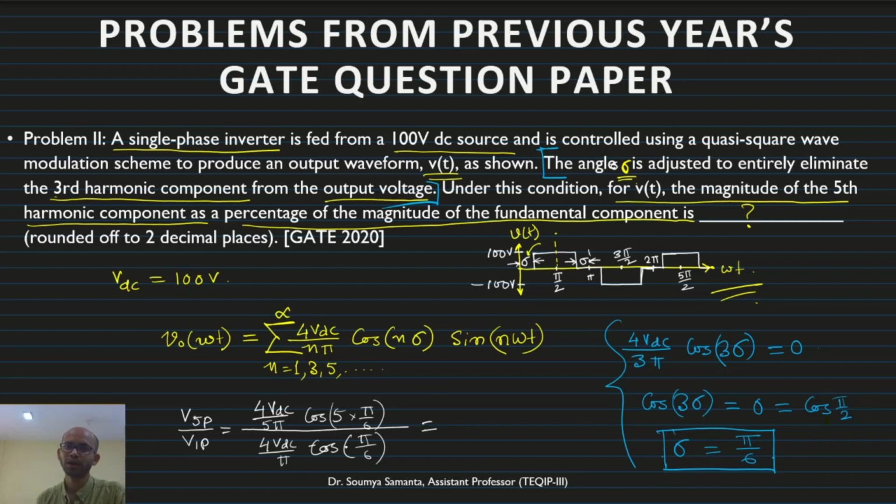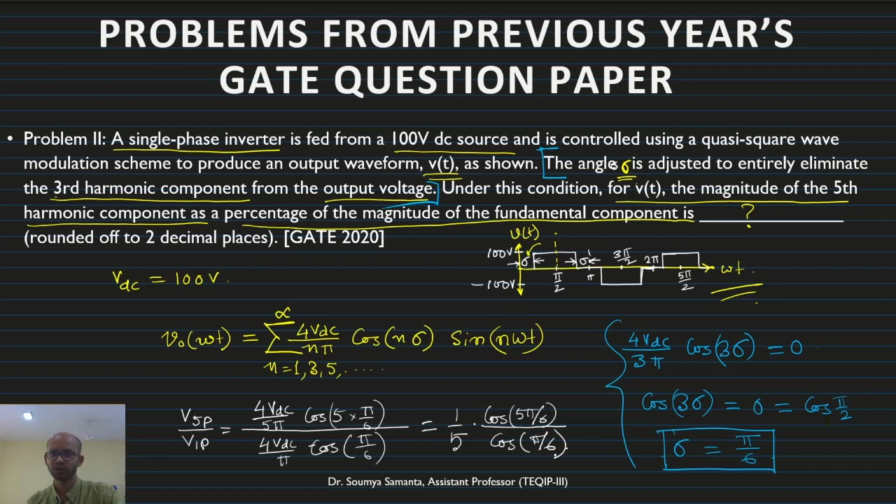Sorry, it is only pi in the denominator. So 4 VDC by pi will cancel out. So we will get 1 by 5 into cosine of 5 pi by 6, divided by cosine of pi by 6.